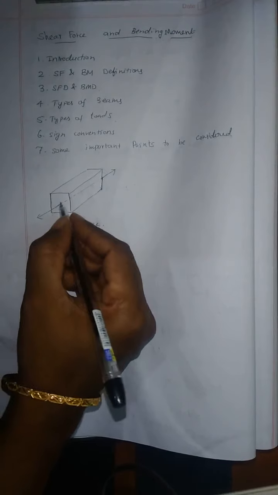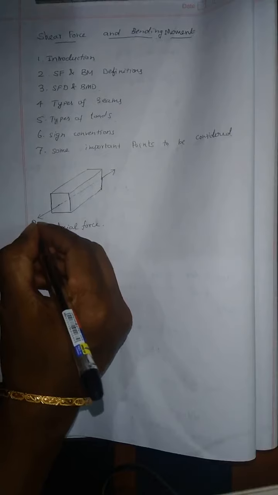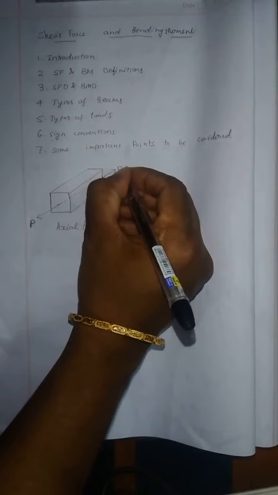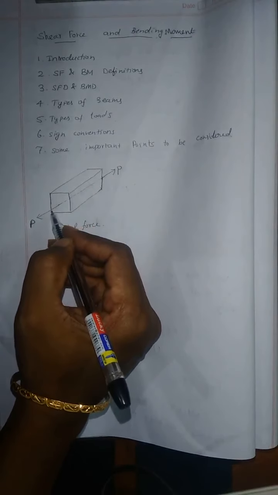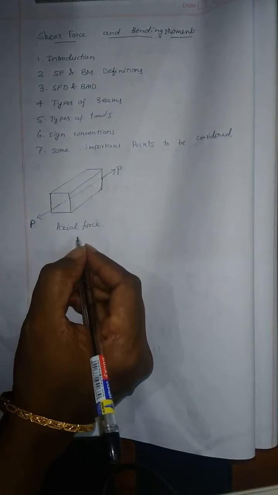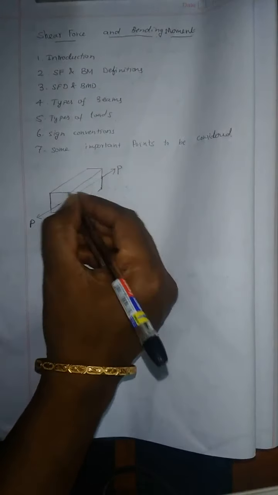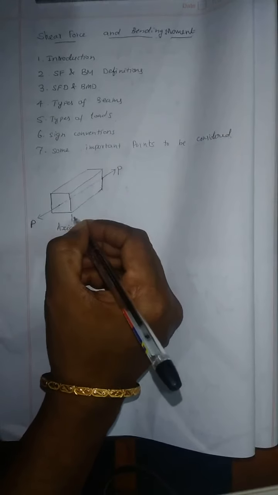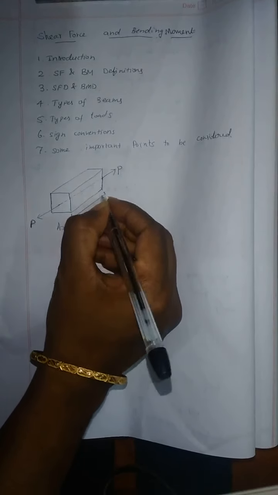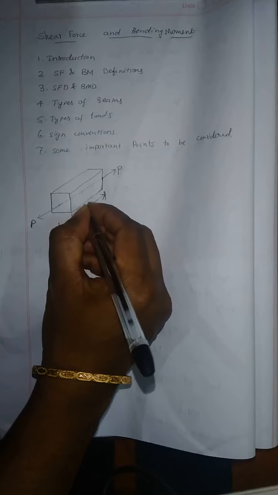Let us say the intensity of this load is P. Because of this application of the force P, this object may get elongated, that is, the length may increase because of the application of the load.